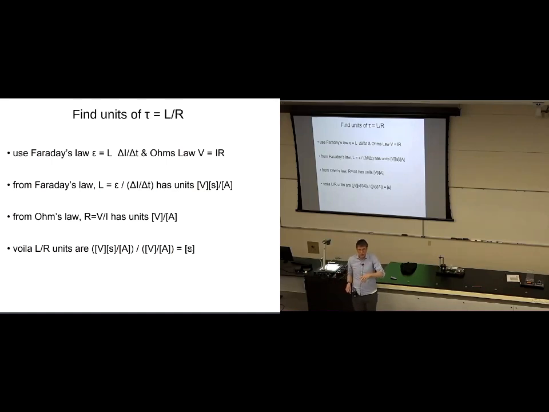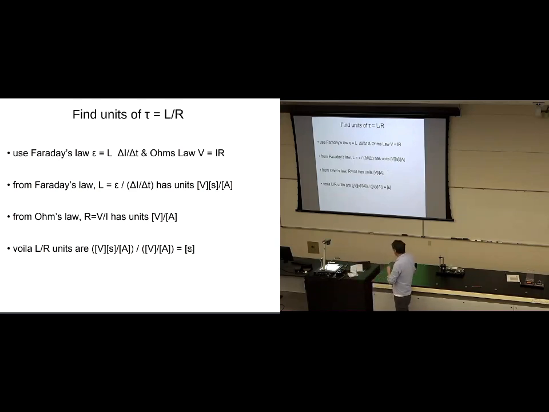The time constant for a capacitor involves the product of the capacitance and the resistance. This time constant involves the ratio of the inductance and the resistance. But in both cases, the resistance and the capacitance, or the resistance and the inductance, determine the time constants.